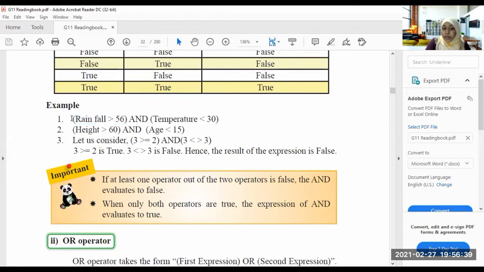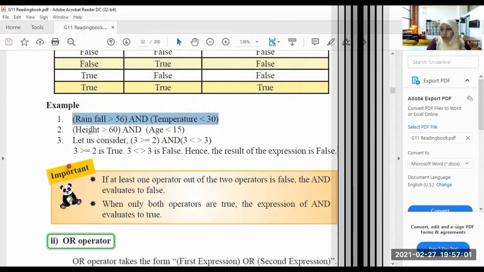This is an expression. It says the rainfall should be greater than 56 and the temperature should be less than 30. Then only the output would be true or correct. If it doesn't match these two, then the output would be false.